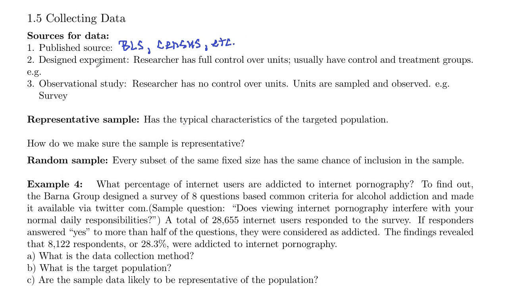Designed experiments are another source. A designed experiment is where the researcher has full control over the experimental units, and they have control of the treatment groups in the experiment. A common example of this would be an FDA drug trial.